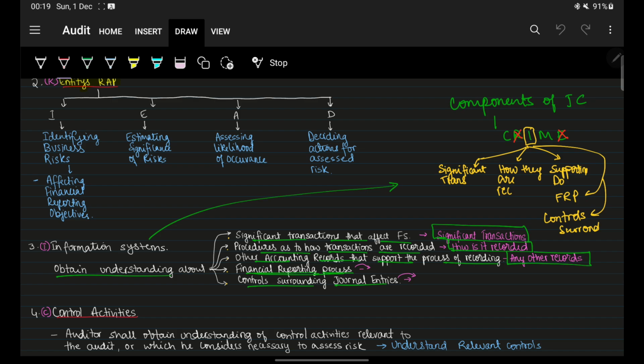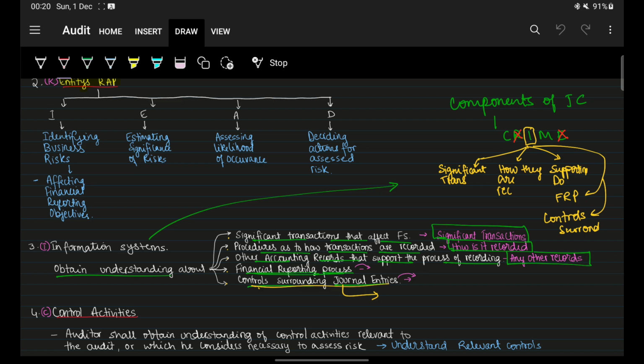Meaning this control surrounding journal entries, I can give you an example, okay. Before any accountant enters any journal entry that is more than 1 lakh, or if they are authorized only to pass sales and purchase entries, and they want to enter an entry with regard to the bank account getting involved, right?